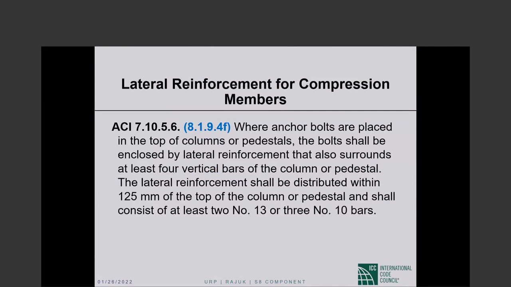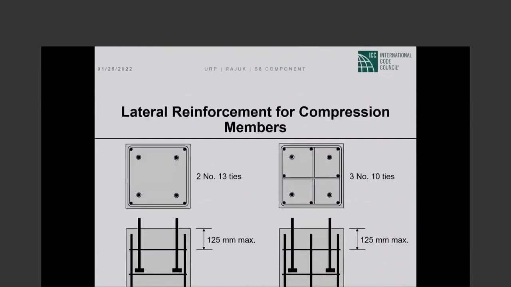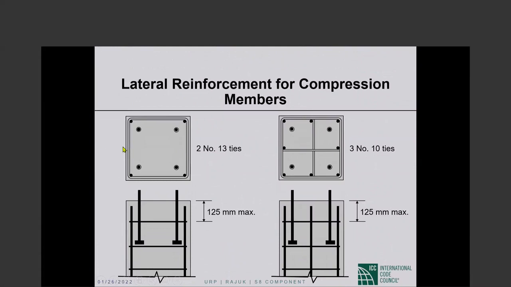The lateral reinforcement shall be distributed within 125 millimeters of the top of the column or pedestal, 5 inches at the top, shall consist of at least 2 number 13 or 3 number 10 bars. So number 13 is our number 4, number 10 is our number 3. So 2 number 4 or 3, it's better to say these numbers. So 2 number 13 or 3 number 10 bars. Okay, so those are the anchor bolts here.